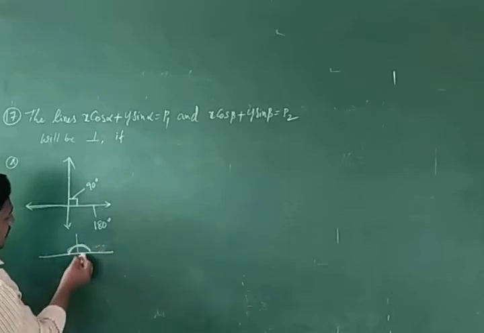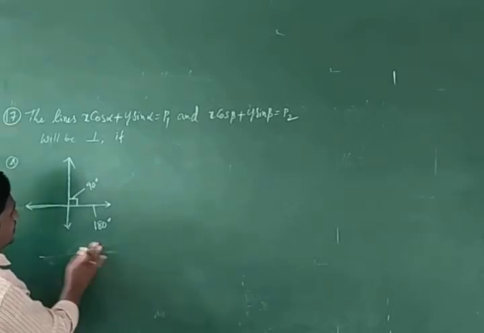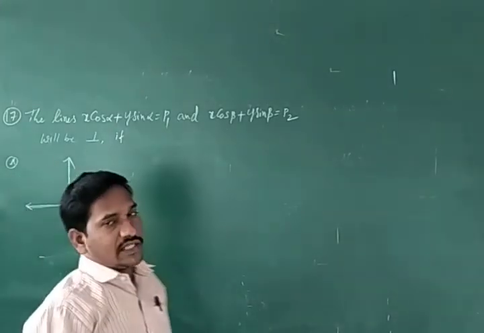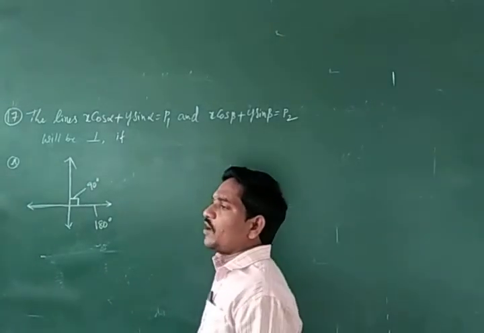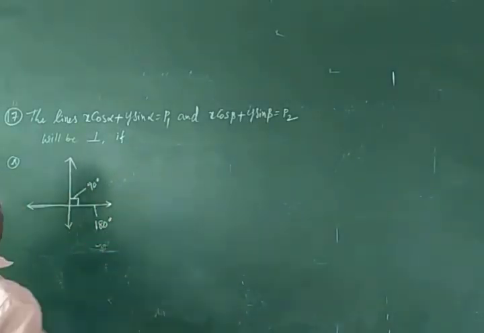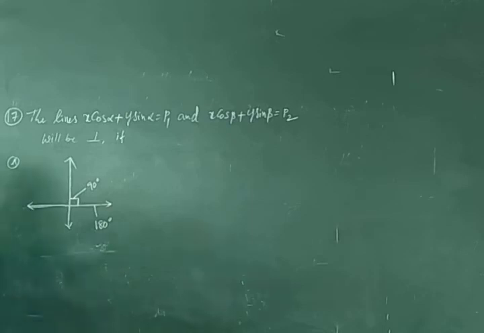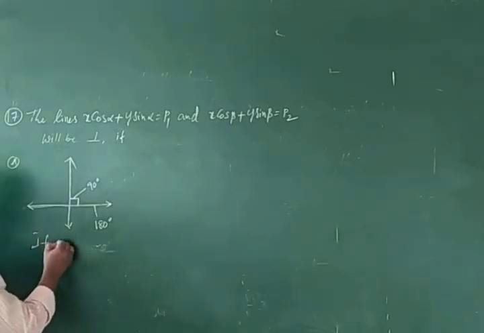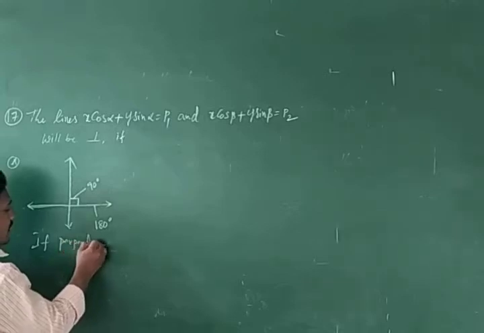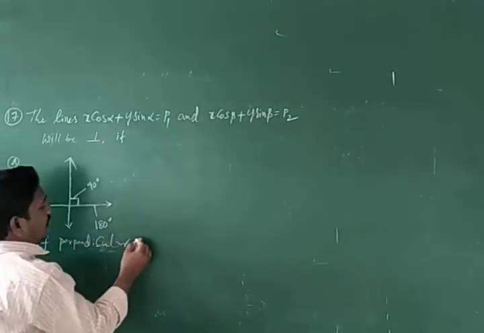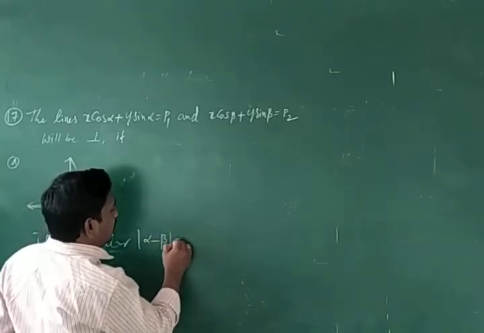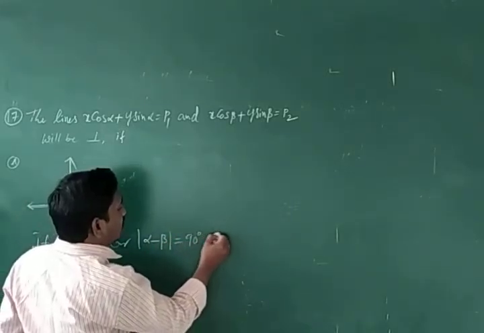If the two lines are perpendicular, the difference between alpha and beta, mod alpha minus beta, equals pi by 2, that is 90 degrees.